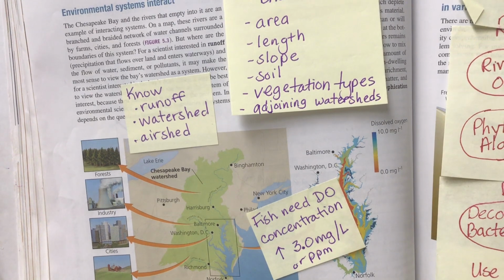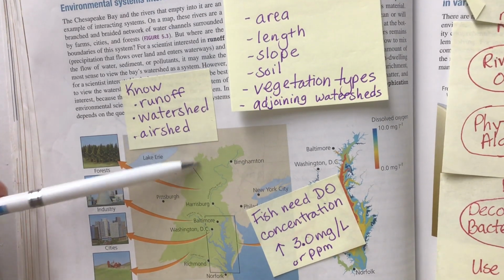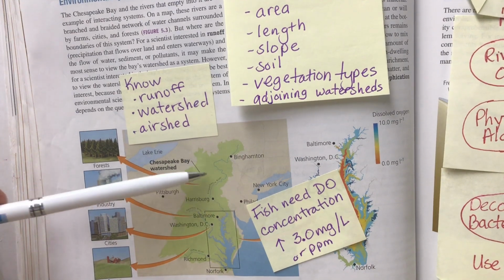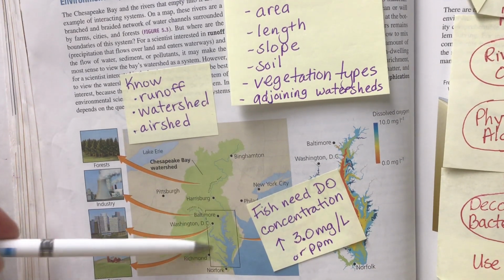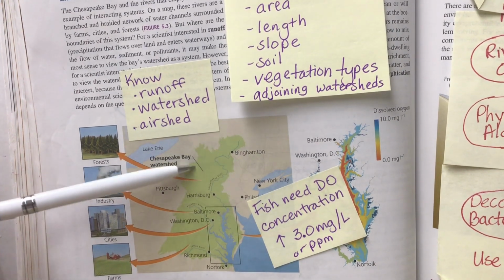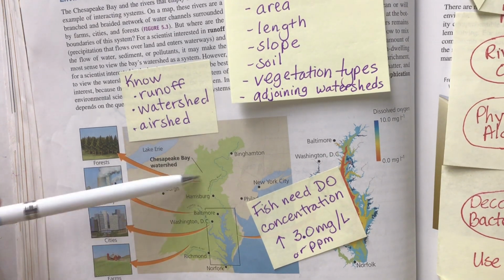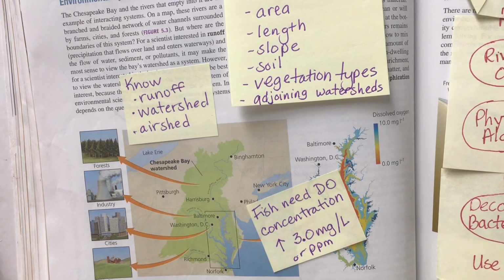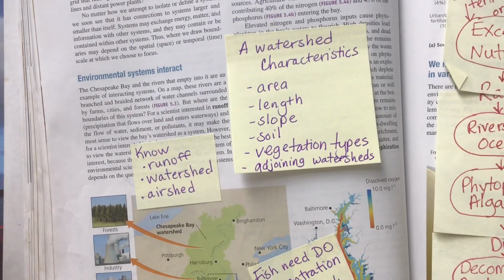This picture shows everywhere in green drains into the Chesapeake Bay via some of these rivers. Everywhere a drop of rain hits, it will eventually drain there. So what is a watershed?